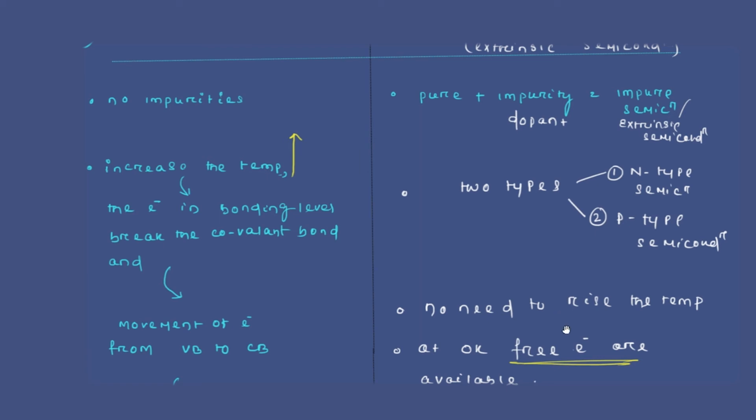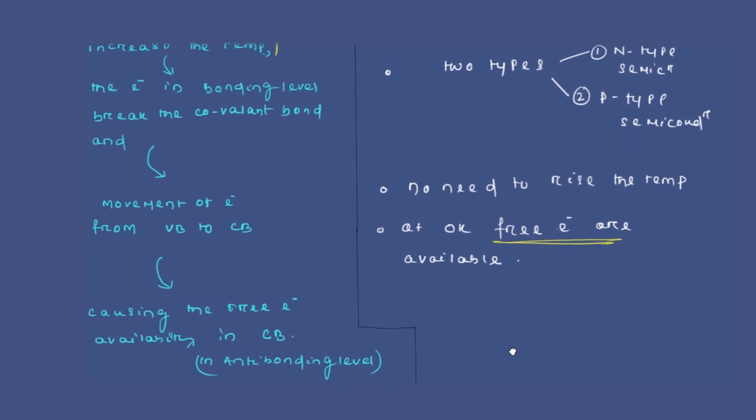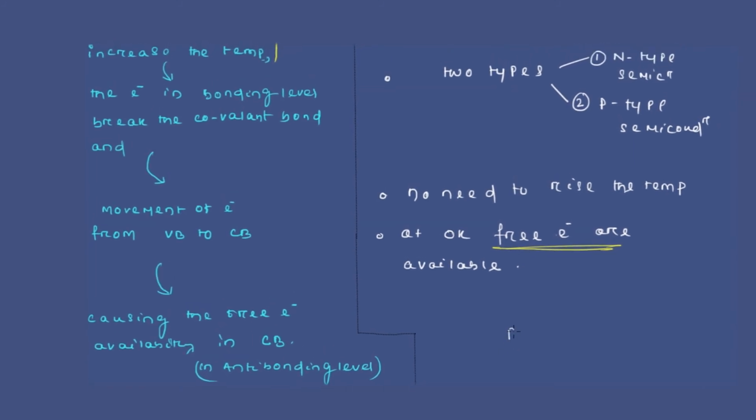So the basic idea behind our discussion, let me tell you in a very simple way. One is pure and one is impure. In very simple language, in pure, you can't get conductivity at room temperature and pressure.